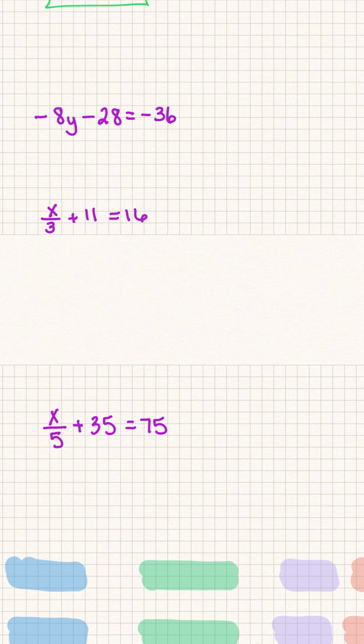Let's try one more here. So we have negative 8y minus 28 equals negative 36. The opposite of subtracting is adding. Whatever we do to one side, we have to do to the other. We're going to be left with negative 8y equals, it's a negative because 36 is bigger, but it's the same thing as subtracting.